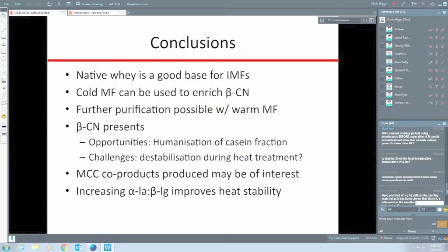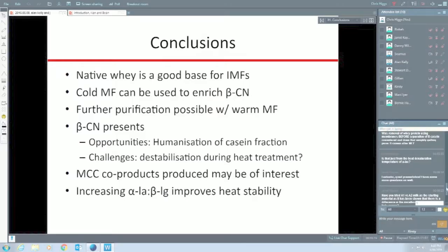So removing or reducing the beta-lactoglobulin completely fundamentally shifts the mechanism by which the proteins are interacting. And basically, the less beta-lac you have, the less destabilizing influence, the more stable overall the formulation is going to be. So I guess that's one good thing about reducing the beta-lac.